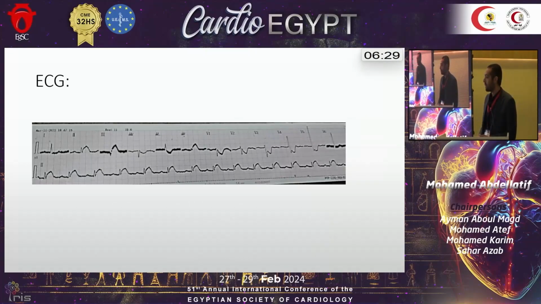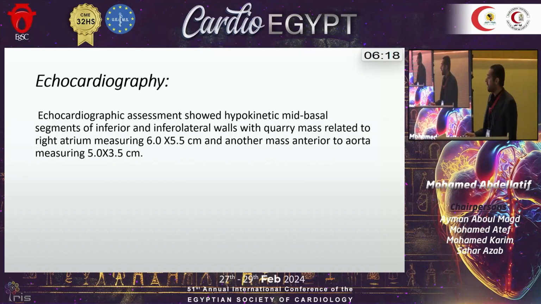But first of all, we did echocardiography because this patient was young and the circumstances were allowing us to do an echocardiography. There was hypokinesia in the inferior and inferolateral walls, which is again consistent with inferior myocardial infarction.